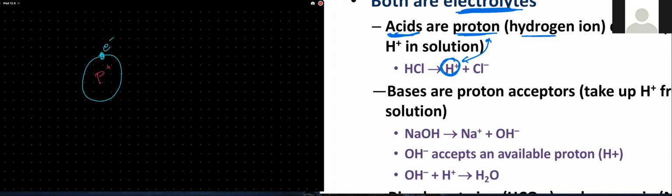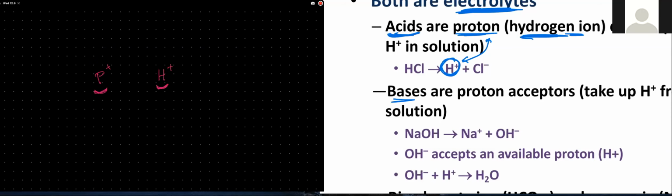So having a hydrogen ion means I have lost this electron. So what is remaining here of the hydrogen is just one proton. So we're either going to say a hydrogen ion or a proton. Those are the same for us. So an acid is a proton donor or a hydrogen ion donor.